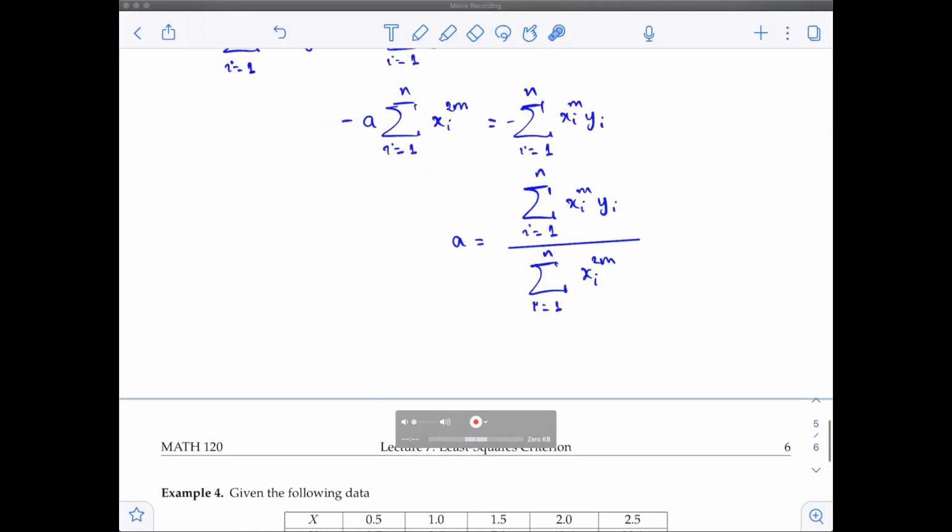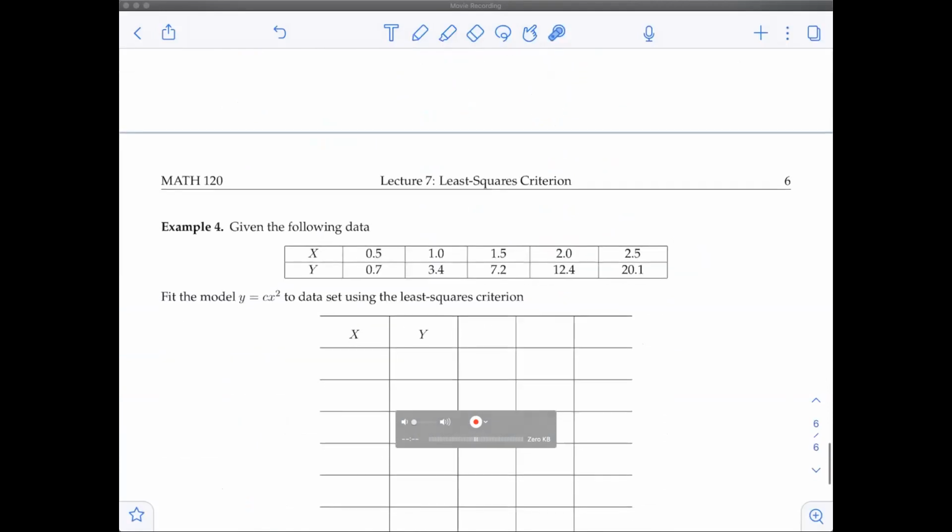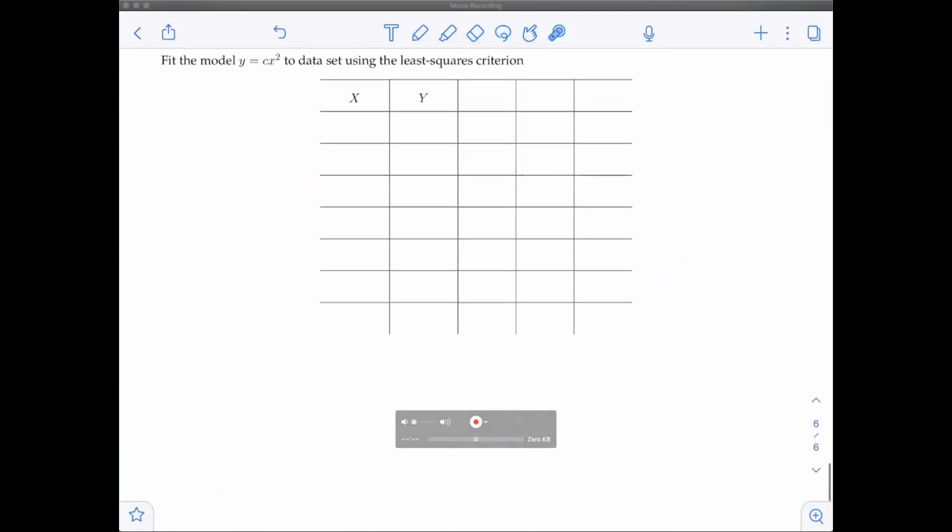All right, so we're going to evaluate the value of a using the following example. Using this example, we're going to evaluate the value of c, because we want to fit a model of the form y equal to c times x squared to the data set using the least square criterion.